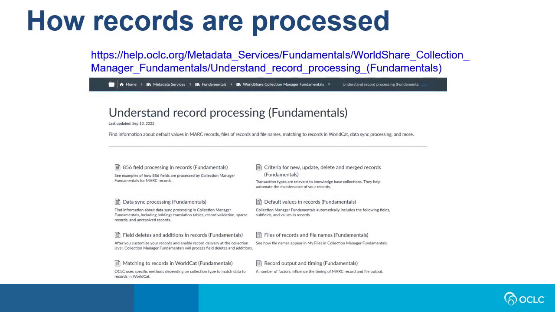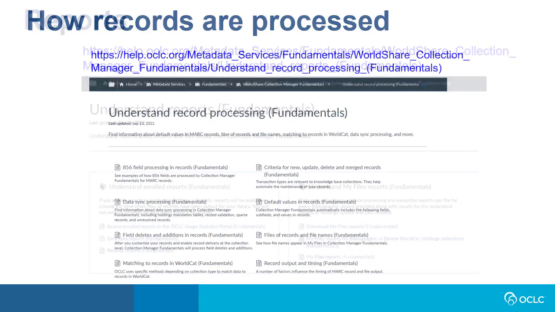To understand the criteria for transaction types of records, why a record is included in your file of records, etc., visit the help page Understand Record Processing for Fundamentals for more information.